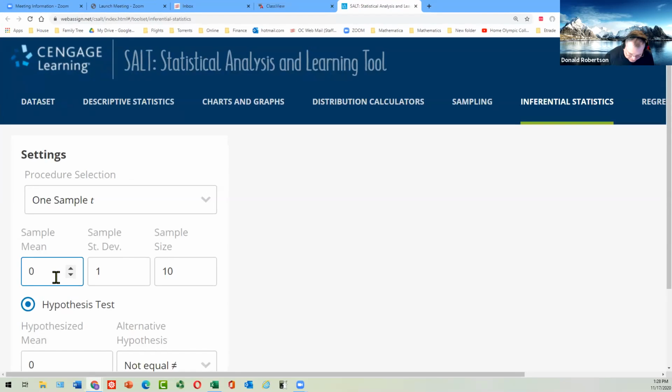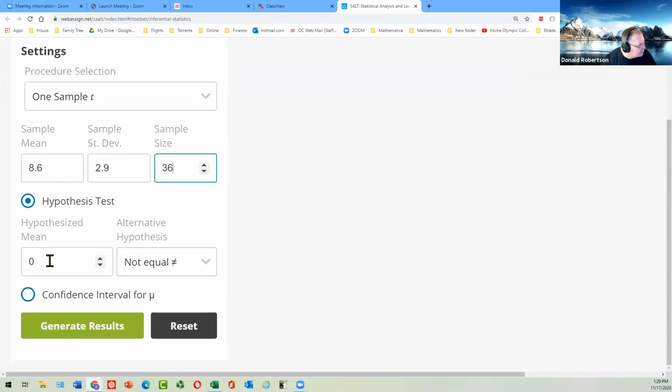So I know that the mean of the sample was 8.6. I know that the standard deviation was 2.9. In this case, the sample was a sample of 36. We are comparing it, is it not equal to 7.4?